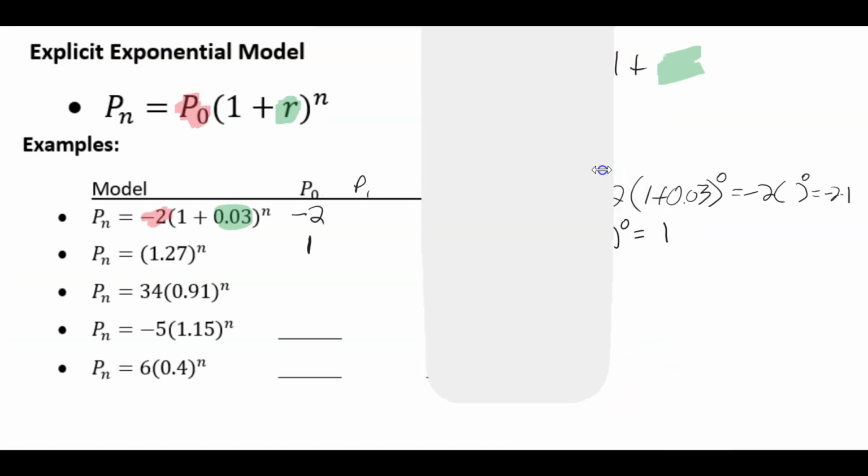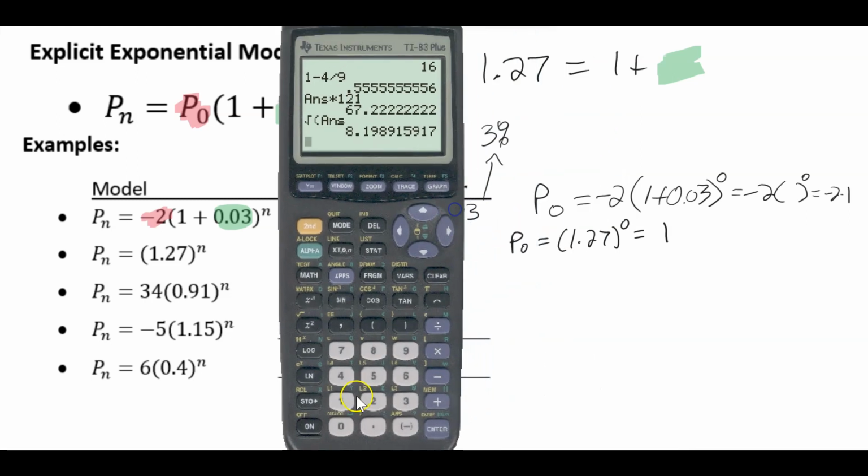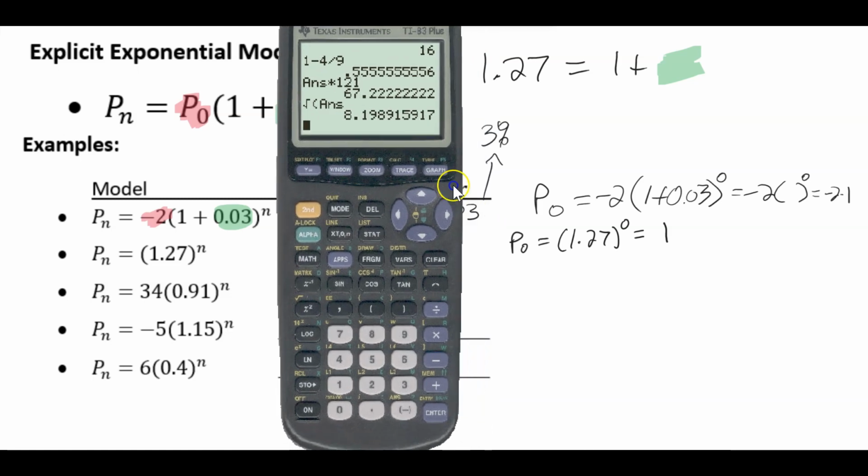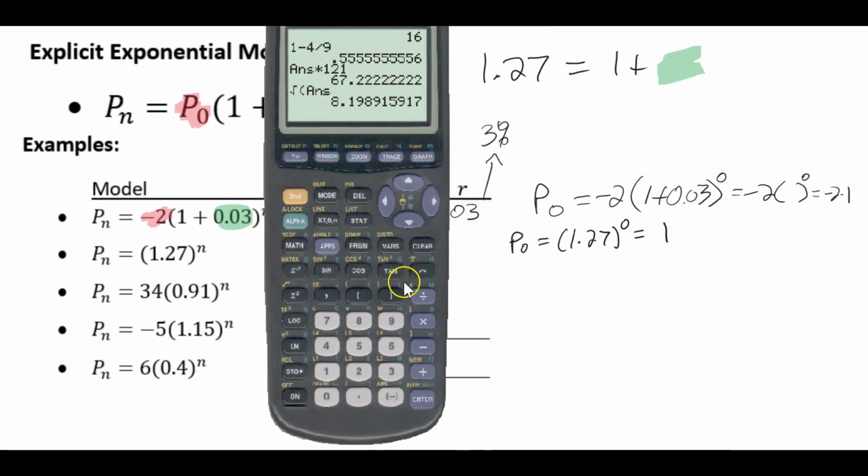I have to make this a little bit smaller, sorry about that. So this 1.27 is 1 plus r. They've already added the 1 to it. So what we have to do is subtract the 1. And there we have 0.27.